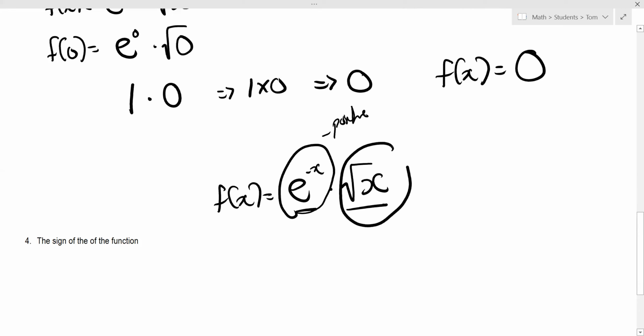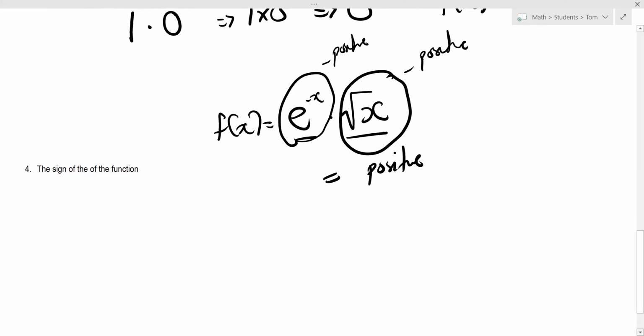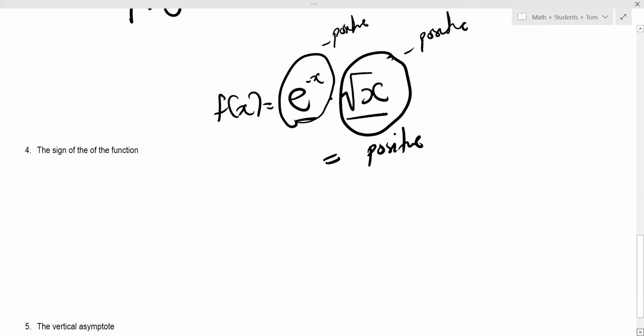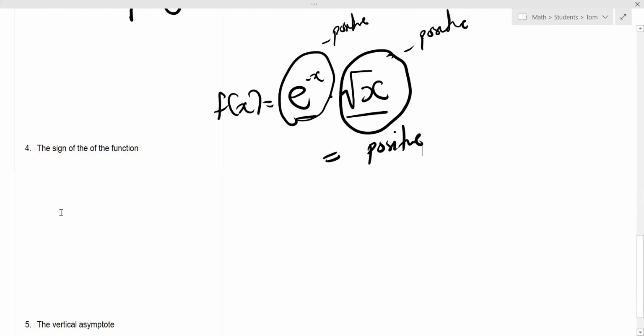The square root function is generally a positive function. So since you're multiplying positive and positive together, you'd expect that the sign of this function is positive, and it's only 0 when x is equal to 0.